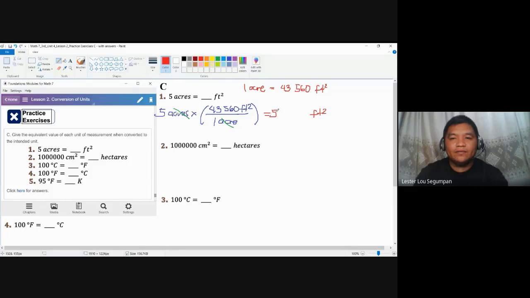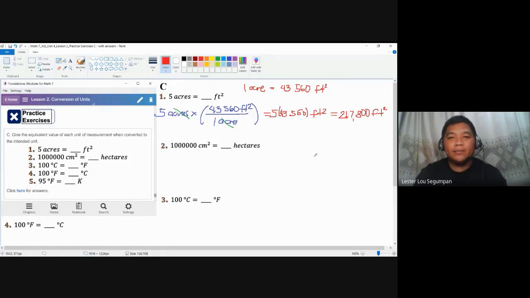So we'll have 5 times 43,560 square feet, all over 1 times 1. The result will be the product of 5 and 43,560, which is 217,800 square feet.